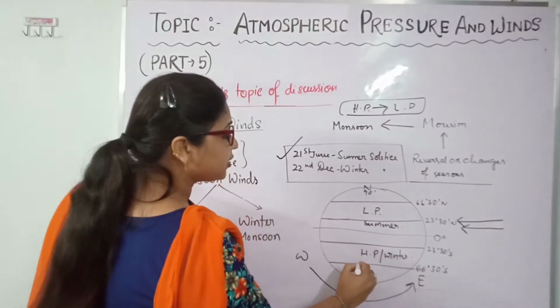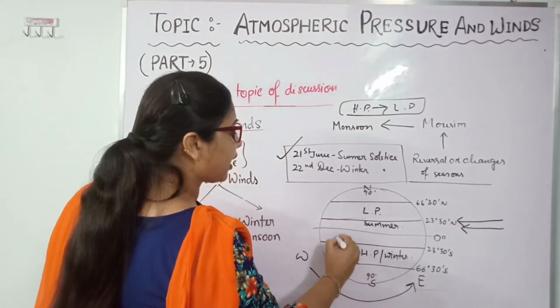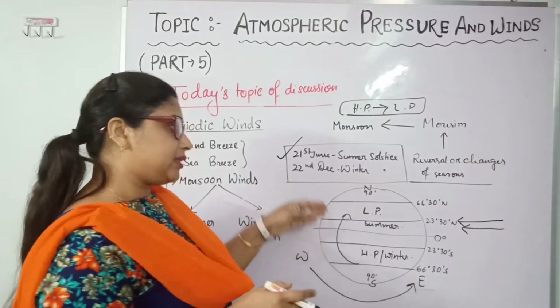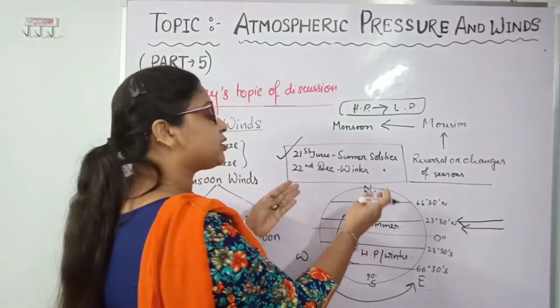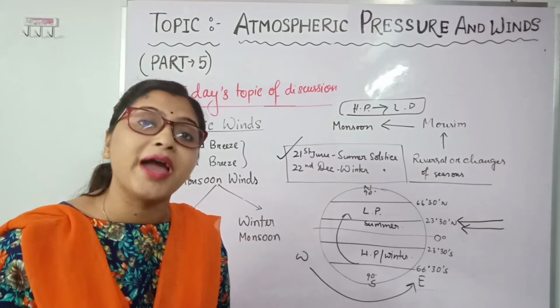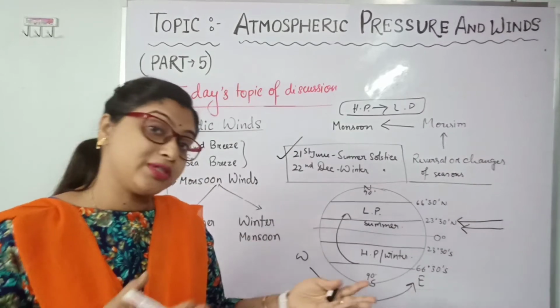So the high pressure winds will move to the low pressure zone, and the water bodies present in these areas will have lower temperature compared to the land area, because of the differential heating.